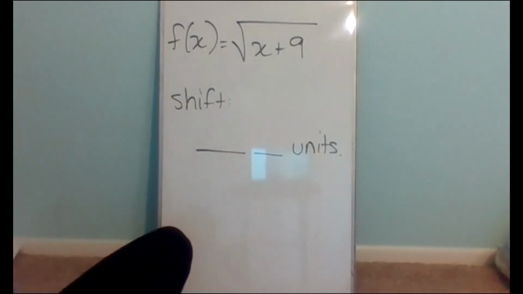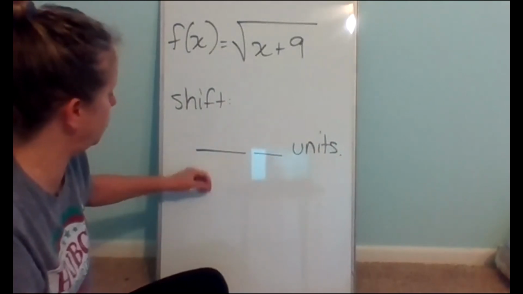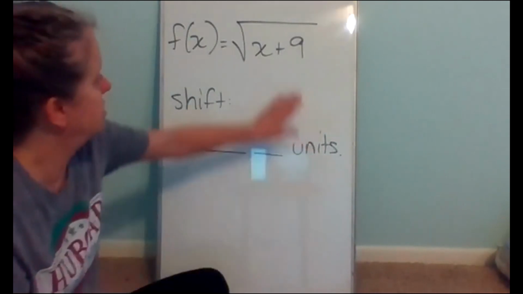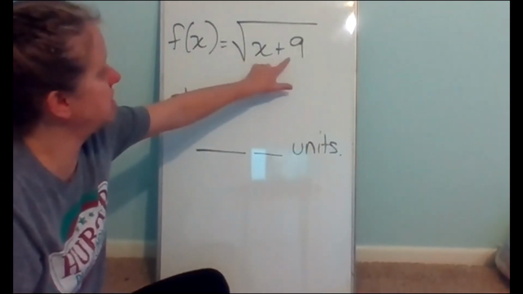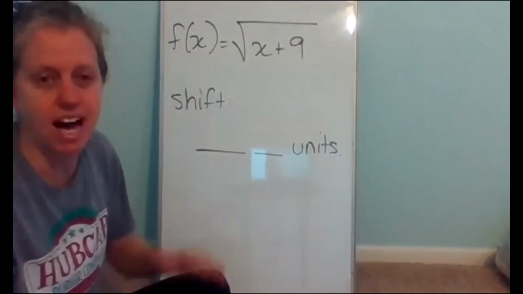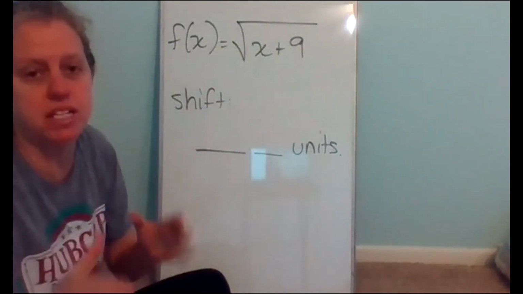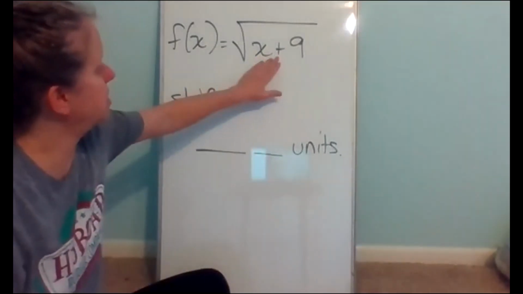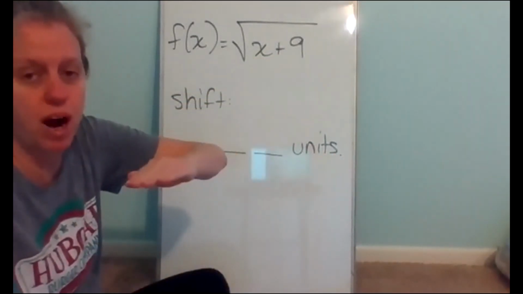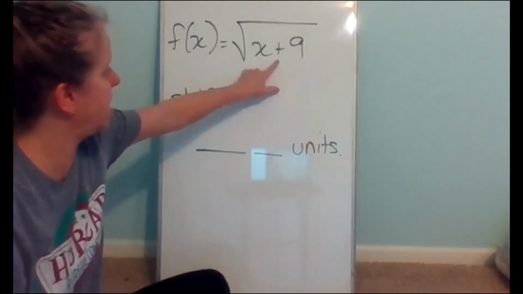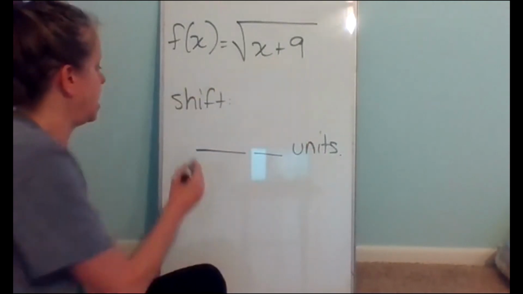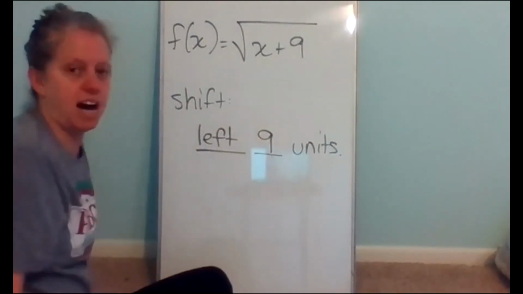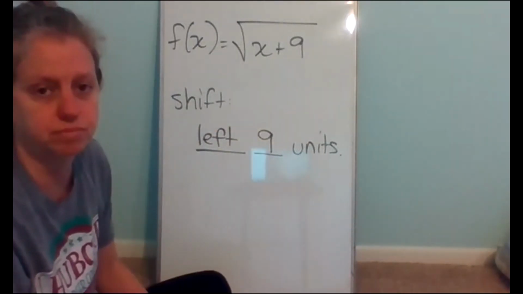So here's what the blanks look like. There's 2 blanks. This one will give you a drop down that'll say up, down, left, or right. So this is a plus 9. It's inside, right? It's kind of like the inside of the parentheses, but it's inside the square root. So that plus 9 shifts me left or right, but you go opposite the sign. So since I am plus 9, I'm actually going to shift it to the left 9 units.